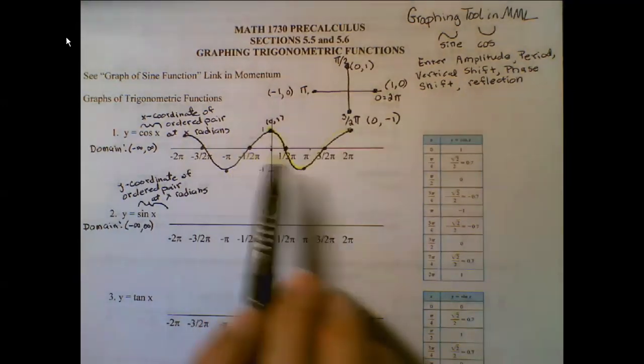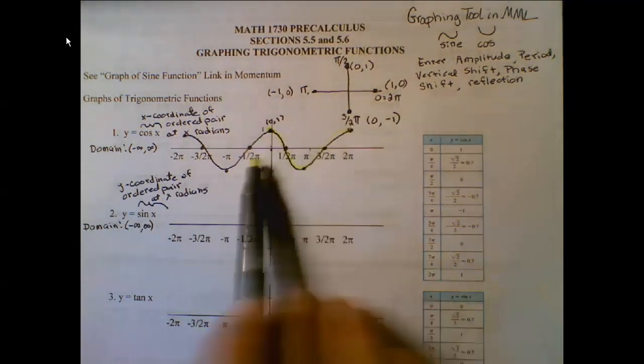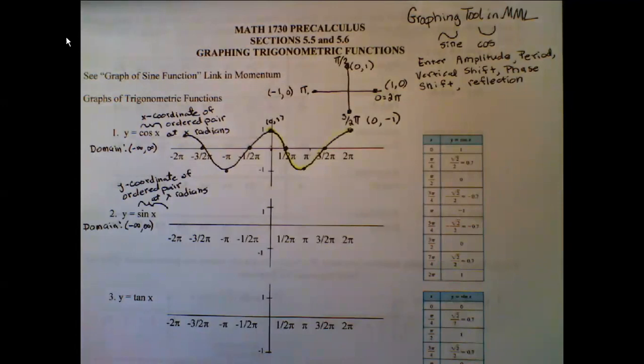All the way from 0 to 2 pi would give me a picture of everything that cosine is ever going to do. Does that make sense? Yeah. Miss Kelsey? Yes. Okie doke.